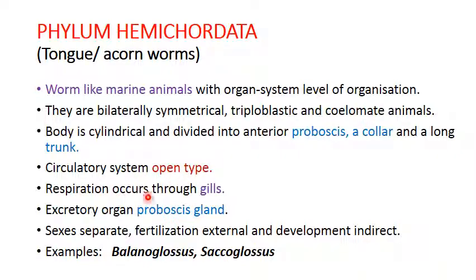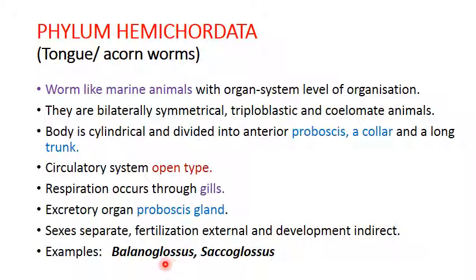Respiration occurs through gills, so the pharynx is perforated and has gills in it with gill clefts. The excretory organ is the proboscis gland. Sexes are separate, fertilization is external and development is indirect.